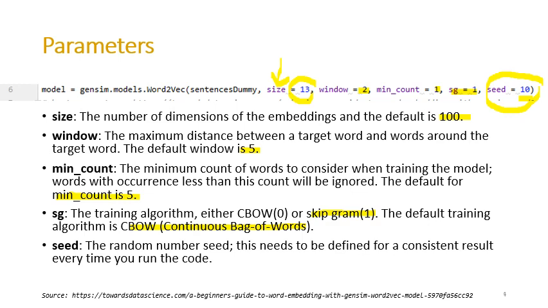For example, here I specify the seed is 10. So every time I rerun this code, the vector will always be the same, because I use the same random number seed. So those are the parameters. If you want to specify them, you need to; otherwise, you can just leave them at the default values.